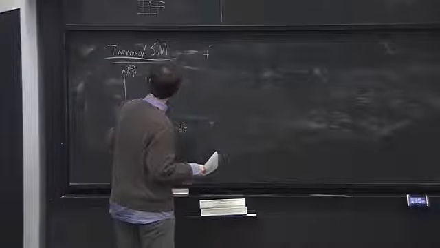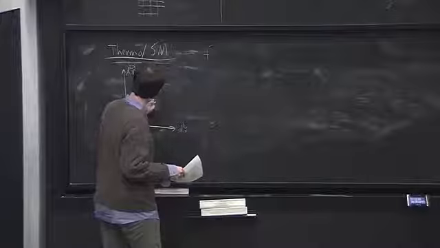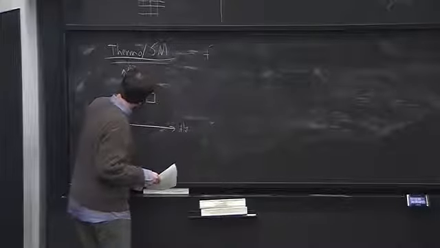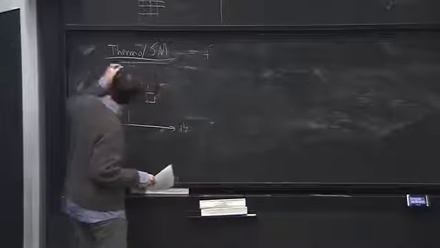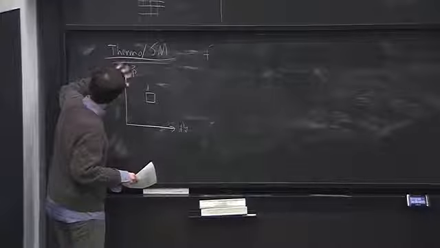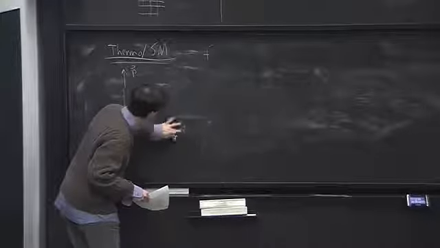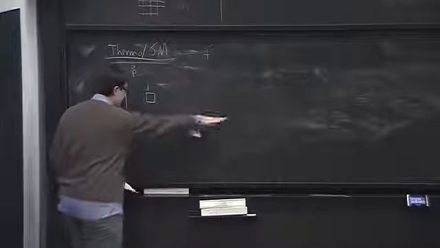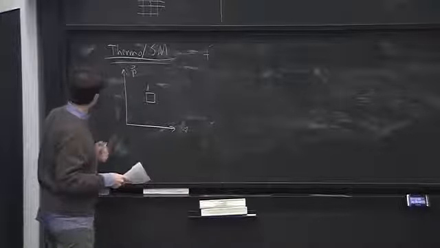So if we have a tiny little infinitesimal volume, or I should say, I don't know why I wrote d3x and d3p. What I really mean are the 3 spatial directions are this way, the 3 momentum directions are this way.